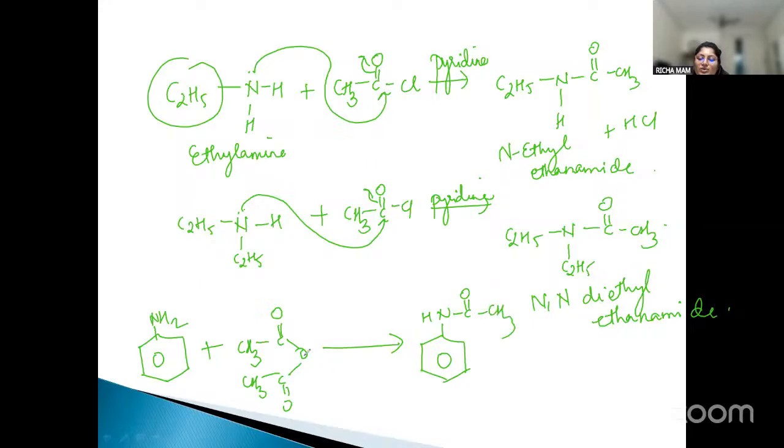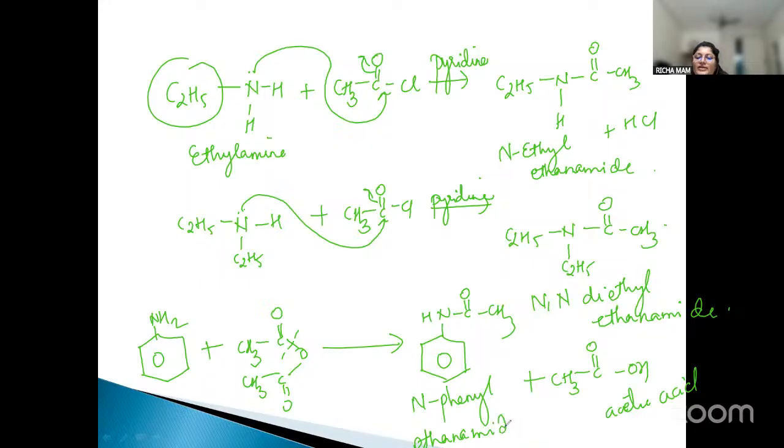One molecule will be added, plus CH3, C double bond O, OH. So acetic acid. So I'm going to get N-phenyl ethanamide. That is acetanilide. Okay, the name is acetanilide.